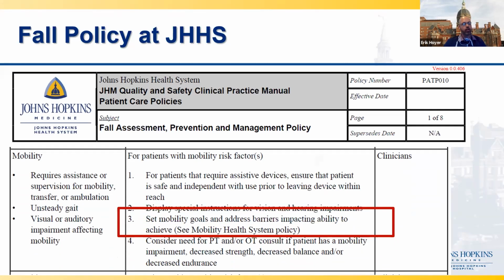I just wanted to highlight one of the key parts of that policy, which my understanding is either pretty close to being implemented or very close. It is this idea to set mobility goals and address barriers impacting the ability to achieve those mobility goals. So this idea of setting mobility goals has made its way into a policy, which I think is an important way of addressing the immobility harm in relation to patients with fall risk.